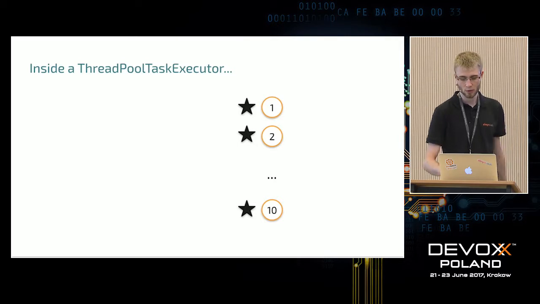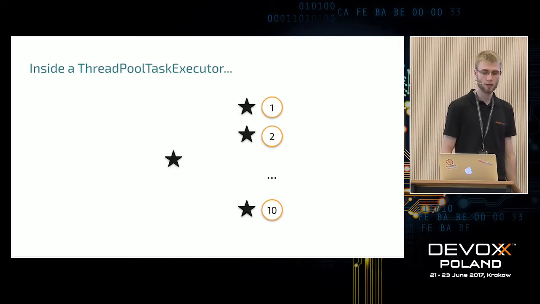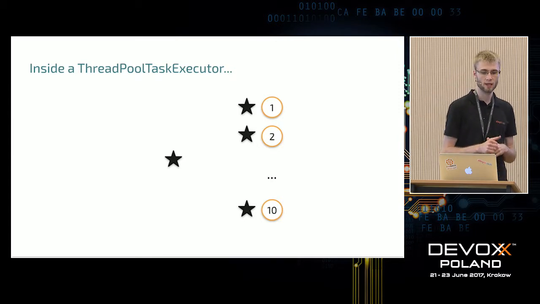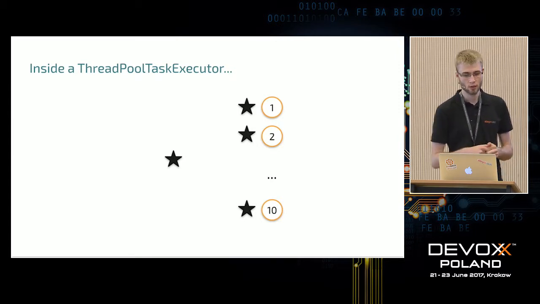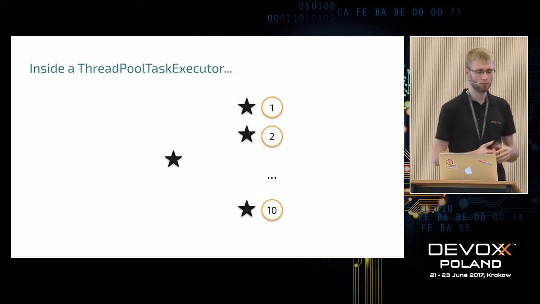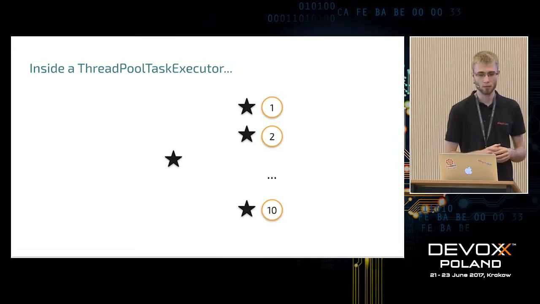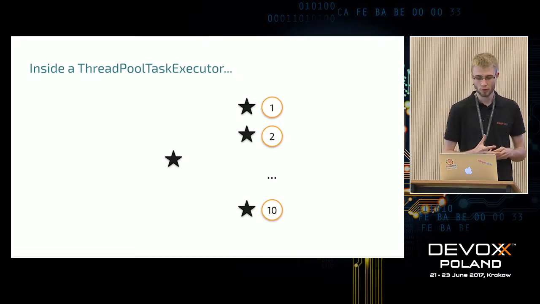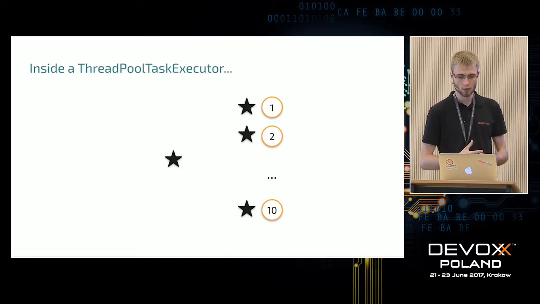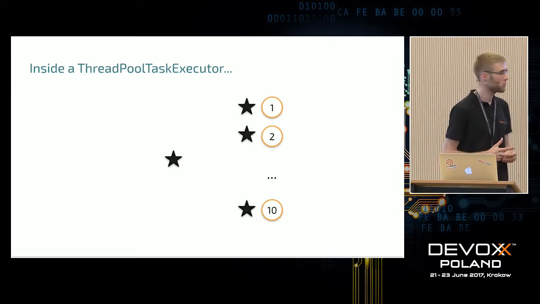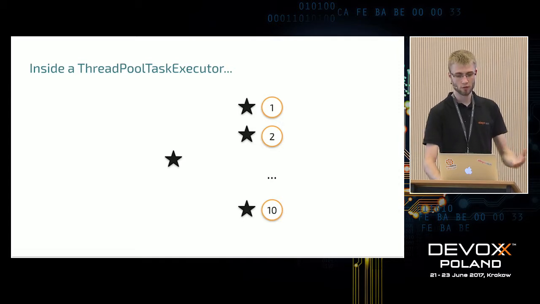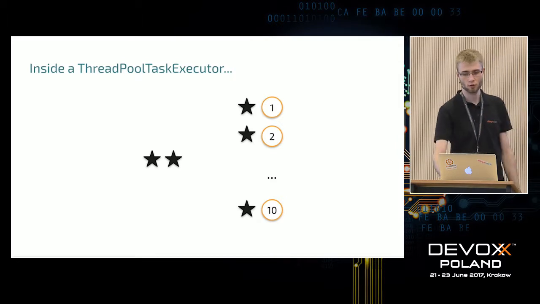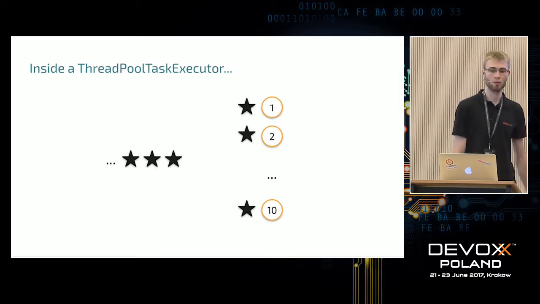And what happens when we get an offer right now and all the threads are busy? A fixed thread pool executor, and by default that's how they work, has a queue of waiting tasks. Whenever a new offer comes and threads are busy, we just append it to this queue, and we append and we append.